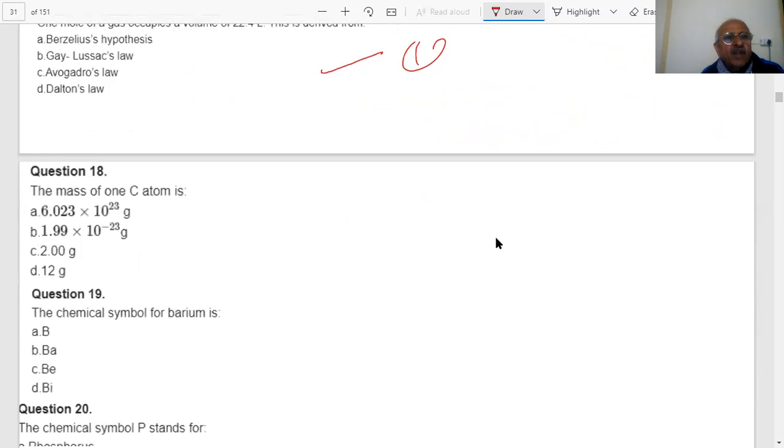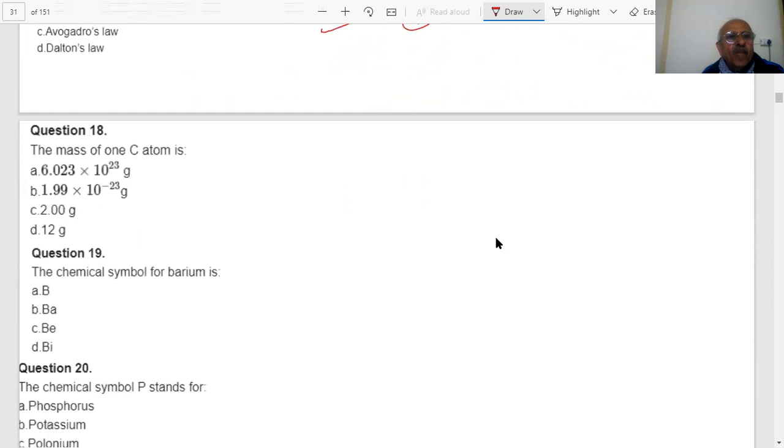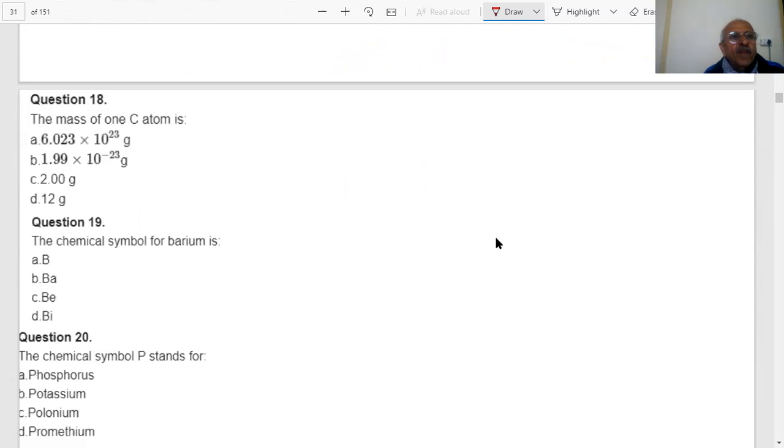The mass of one atom of carbon is. B part, 1.99 into 10 power minus 23 gram. If you divide 12 by the, you are saying 1 mole of carbon, how much? 12 gram.